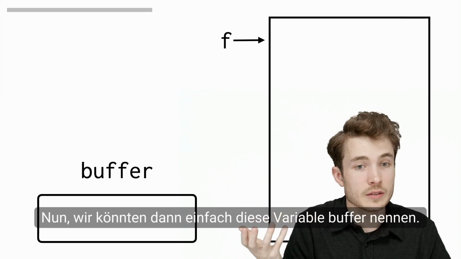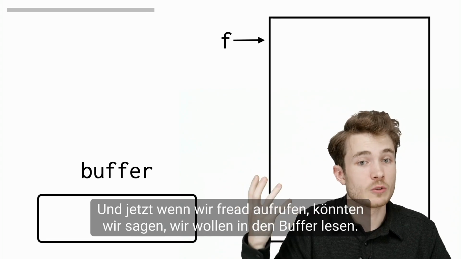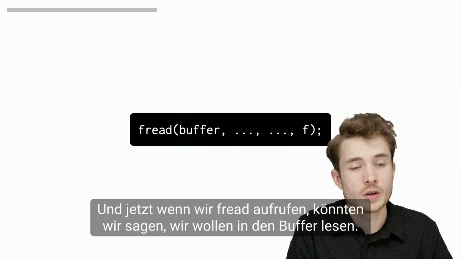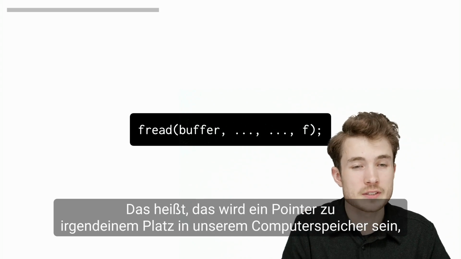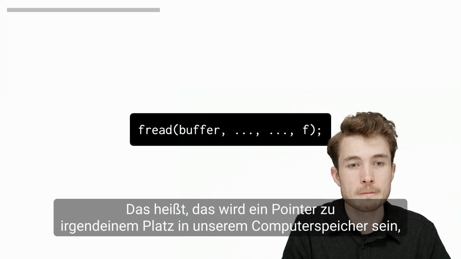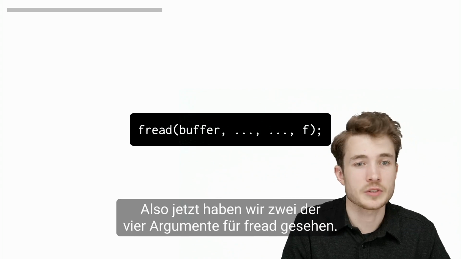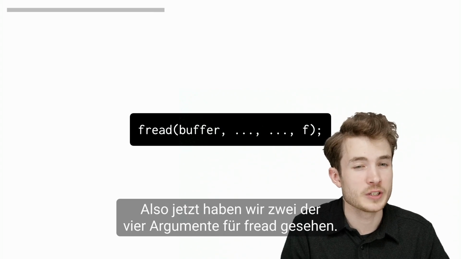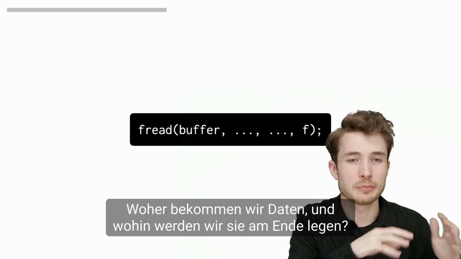Well, we could then just call that variable buffer, and now when we call fread, we could say we want to read into the buffer. That will be a pointer to some place in our computer's memory, some address we want to put that data in. So now we've seen 2 out of the 4 arguments so fread can function. Where are we getting data, and where are we going to put it in the end?